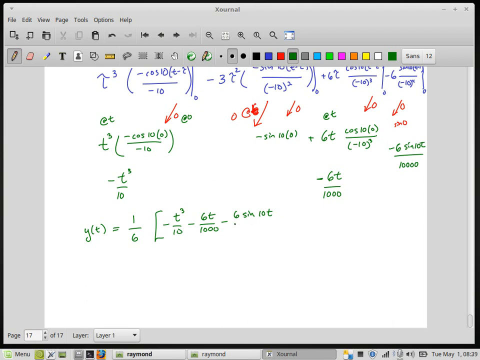And I guess we could factor out the 6. So it's minus t cubed over 60 minus t over 1,000 minus sine 10t over 10,000. And that's it for our y of t.